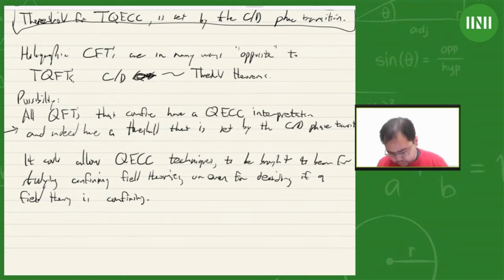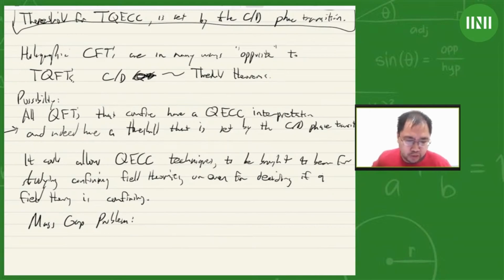So extremely optimistically, this might even allow a different perspective on the mass gap problem, where maybe by thinking about things in terms of what kinds of errors you can correct or cannot correct as you accumulate errors, maybe only after accumulating a certain amount of errors, where each error has some energy associated with it, can you transition from a confining phase to a deconfining phase?